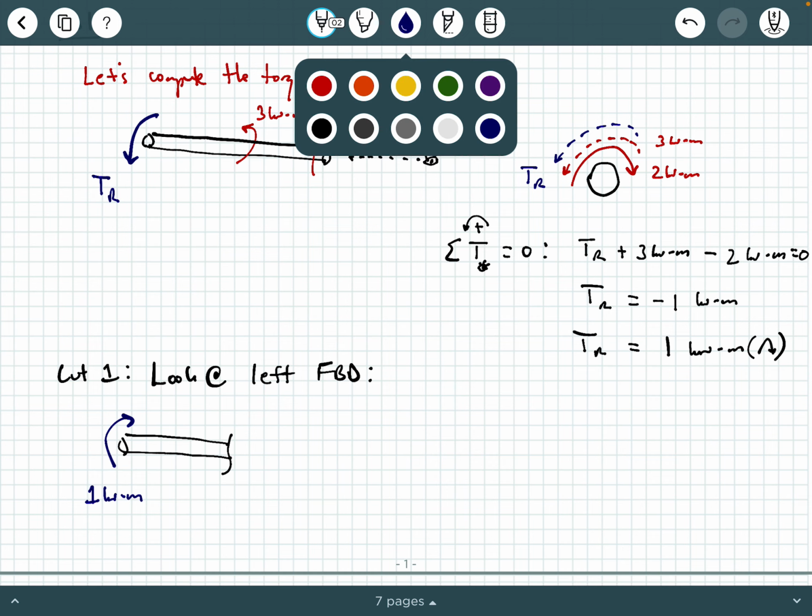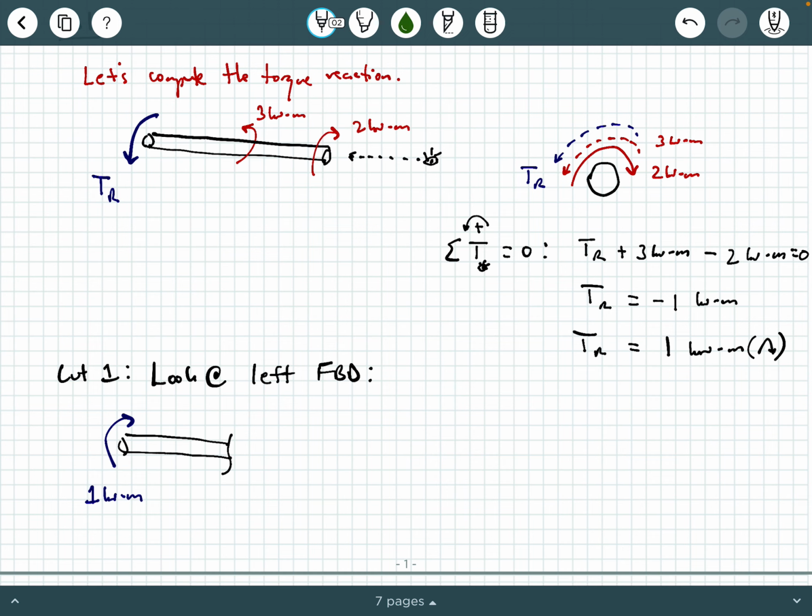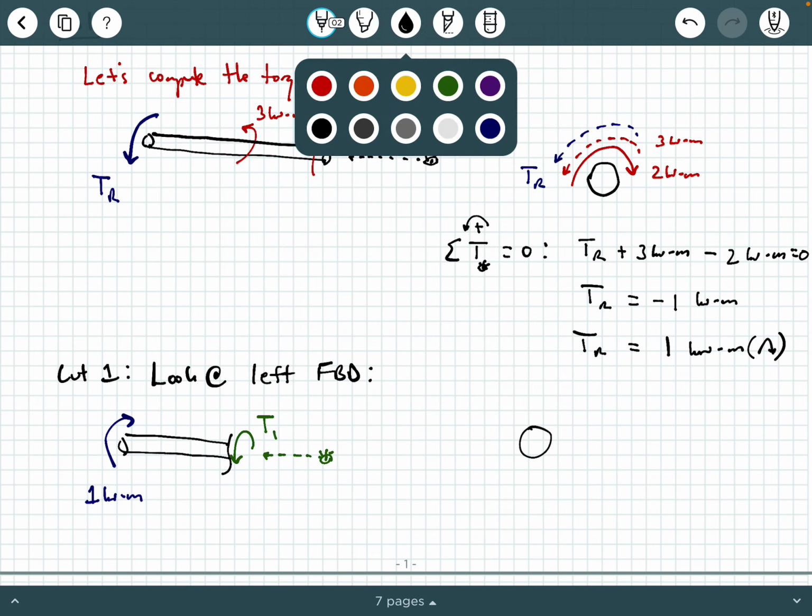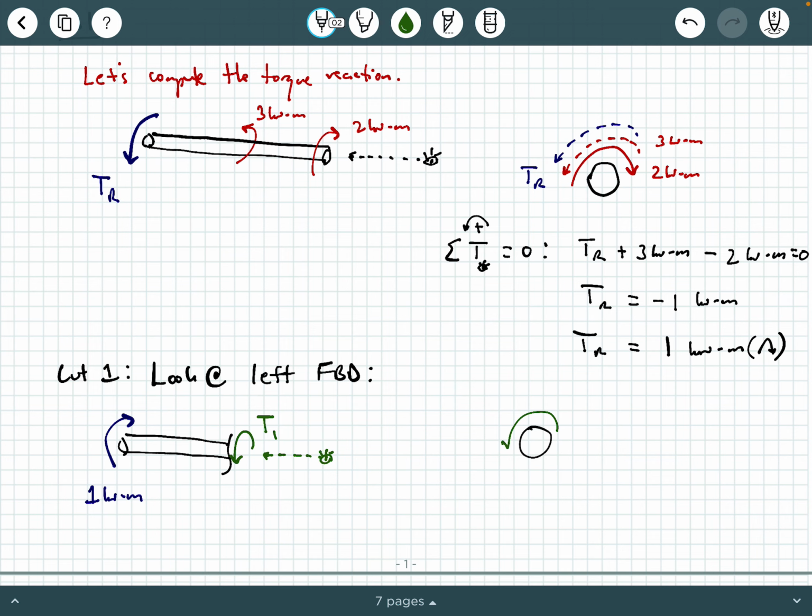And then when we make this cut, what becomes visible here? Well, an internal torque. I'm going to call that T1, okay? And so I'm going to create another viewpoint, and look into the cut, all right? And so what do I see here? Well, I see a circular shaft. I see that assumed T1 that I'm trying to find, and I see that torque reaction of 1 kilonewton meter that's behind it as a hidden line.